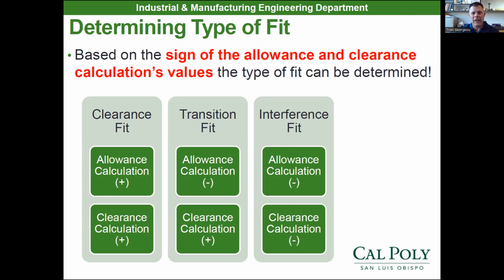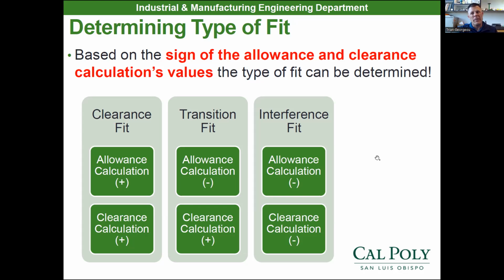If the allowance is negative and the clearance is positive, I have a transition fit, because it's sometimes going to be a press fit, sometimes it's going to be a clearance fit. You can't have a positive allowance and a negative clearance. That doesn't work. So transition fits are a negative allowance and a positive clearance. Then, last but not least, if they're both negative, the allowance calculation and the clearance, it's an interference fit. No matter what, I've got to press those parts together.